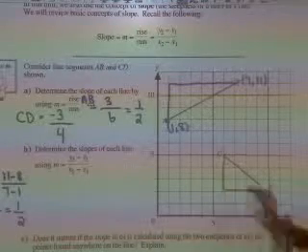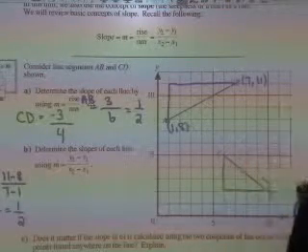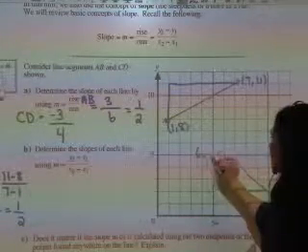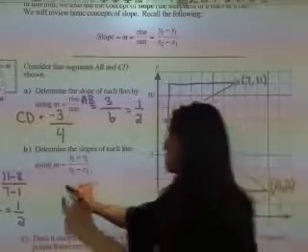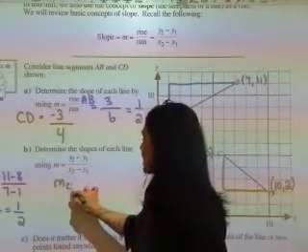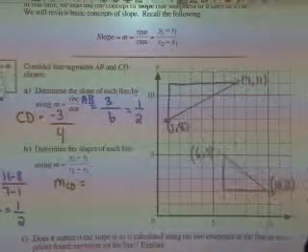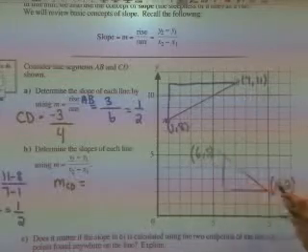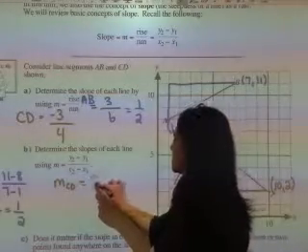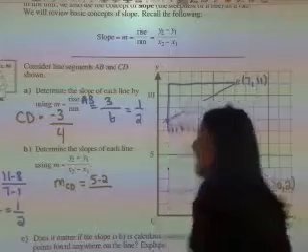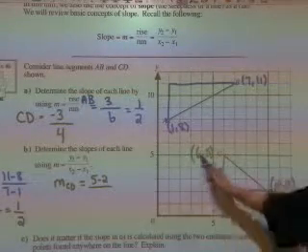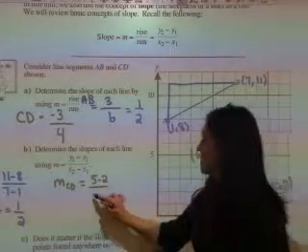What are the coordinates for point C? 6 and 5. And for D? 10 and 2. So the slope for line segment CD, the difference in the y coordinates, 5 minus 2, divided by the difference in the x coordinates, 6 minus 10.